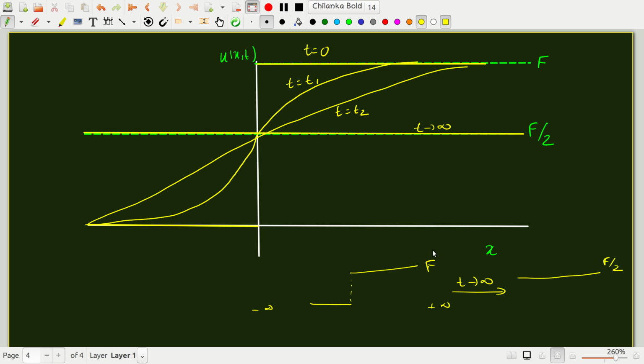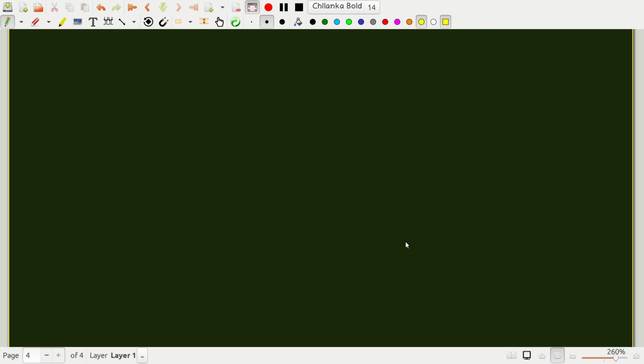Okay, now this is one particular example. Now let's think of another example, rather another limiting case of the solution, or a special initial condition.